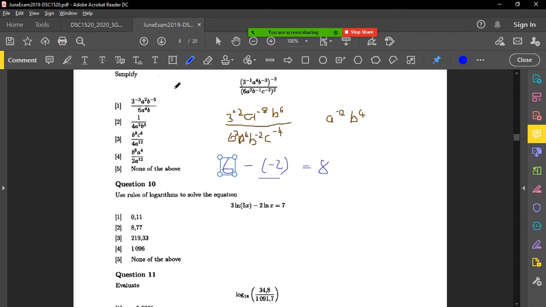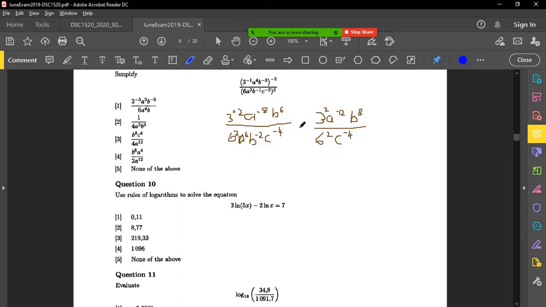So then it would become 8. And then the C, that we can't do, and then the 3 to the power 2 and the 6, I'll probably leave. 6 to the power 2, then the C to the minus 4.